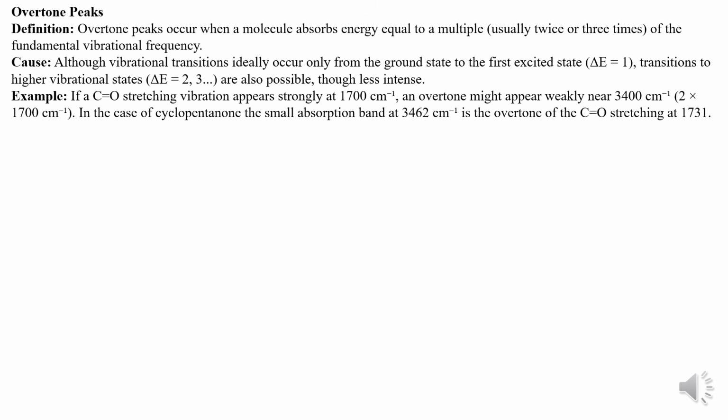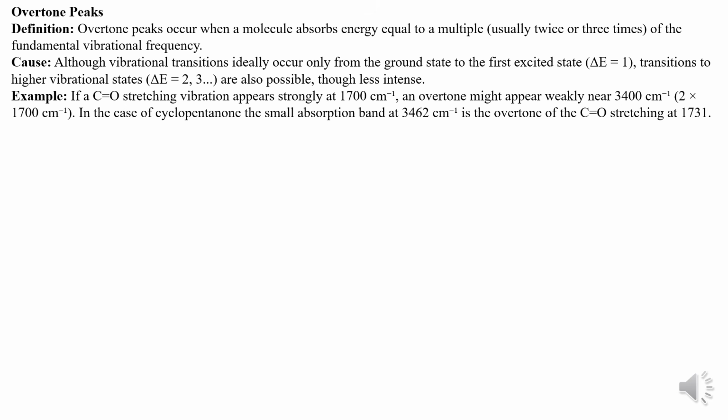So usually it is twice or three times. And what is the cause of these overtone peaks? Although vibrational transitions ideally occur only from the ground state to the first excited state, transitions to higher vibration states like E2 and E3 are also possible, but the intensity of the peak will be very less.